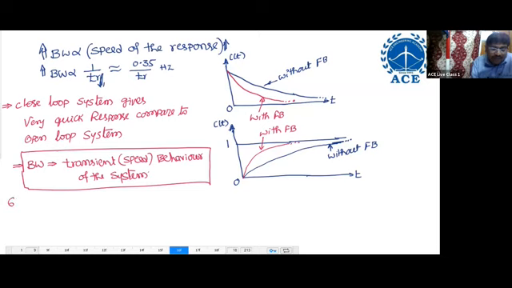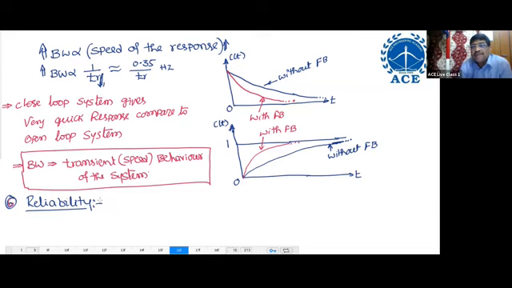reliability. Which is more reliable? As the closed loop system has sensors, once upon a time they used to say that open loop systems are more reliable because no sensors are there, fewer components are there.